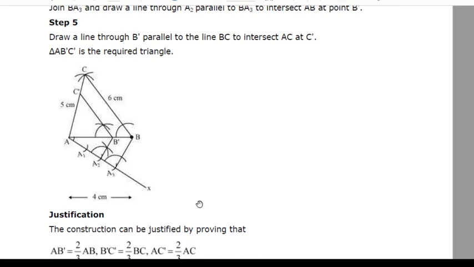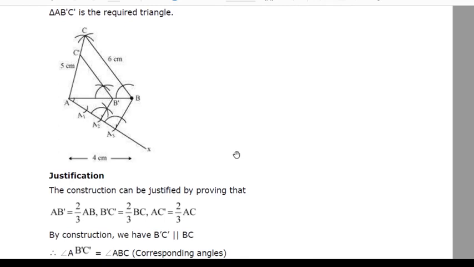Okay, now justification. See how we do its justification. The construction can be justified by proving that AB dash equals what you see. AB dash is 2 parts out of a whole of 3.